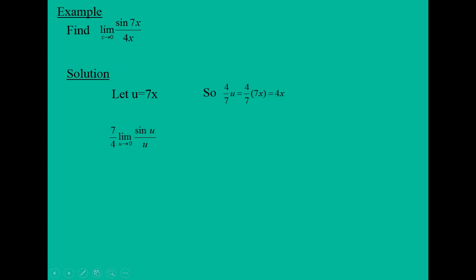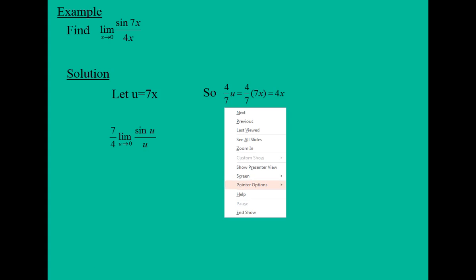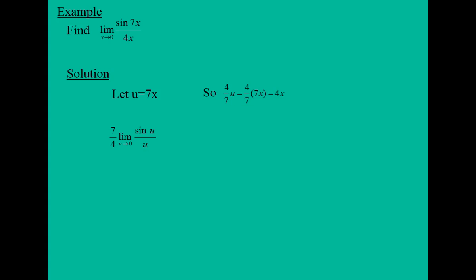And you can look back at your substitution. Here, as x is going to 0, where is u going to? As x is going to 0, well, u would be going to 0.